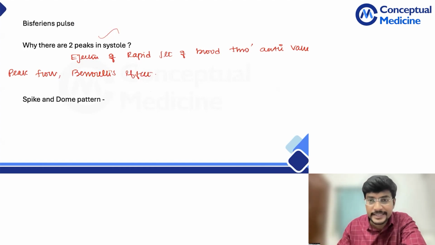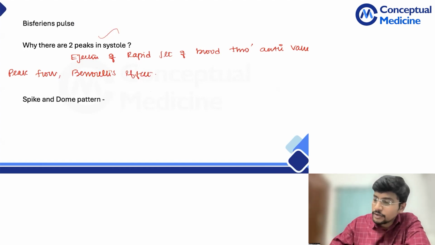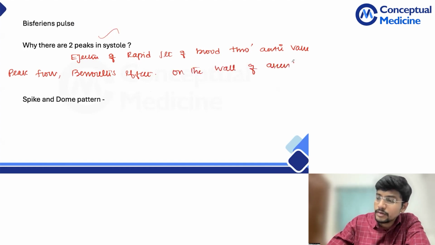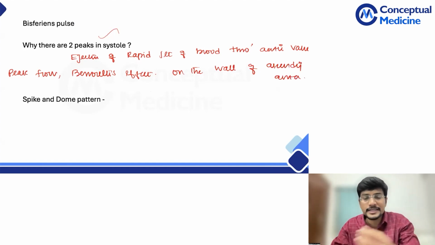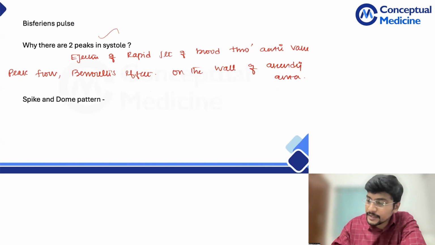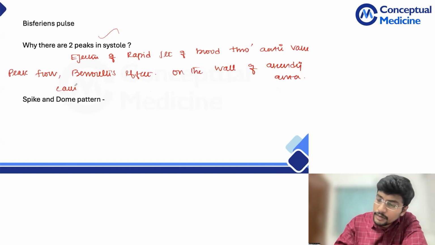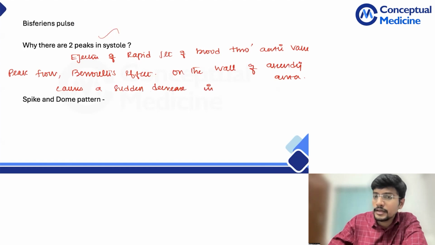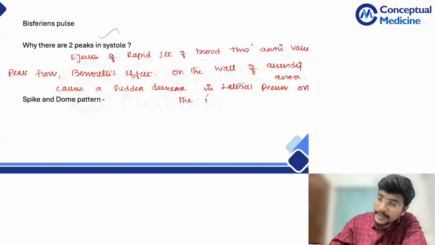That's general physics. There is a suction effect on the wall of the ascending aorta, which causes a sudden decrease in the lateral pressure on the inner aspect of the arterial wall.